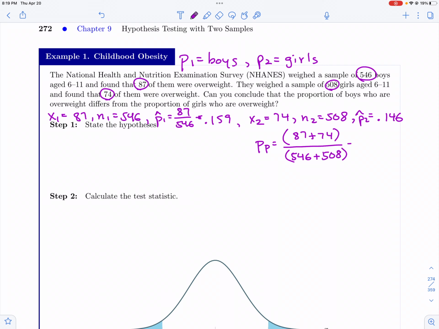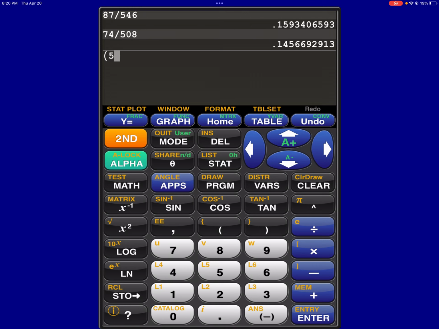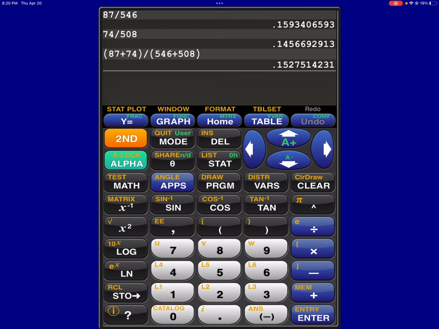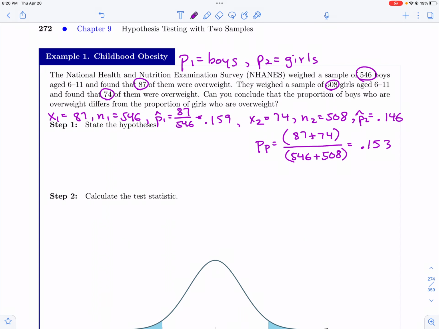If we plug this in the calculator, we've got 87 plus 74 divided by 546 plus 508. And so our p pooled appears to be 0.153. All right. So with that in mind, let's figure out our Q pooled. That's just going to be 1 minus 0.153.